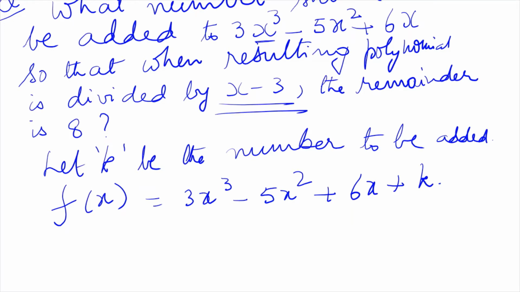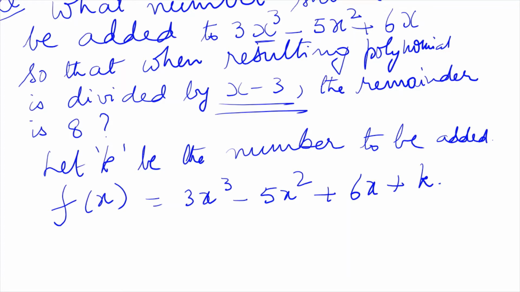That is, if x minus 3 is 0, then x is 3. If you substitute 3, then the remainder will be 0. And if x minus 3 is not a factor, then there will be some remainder. Now we want to divide this by x minus 3, so we simply substitute x is equal to 3, and whatever remainder we get, we equate it to 8 and solve for k. That is what we are going to do.